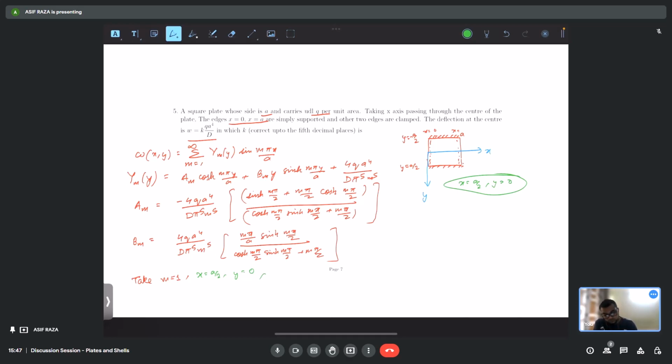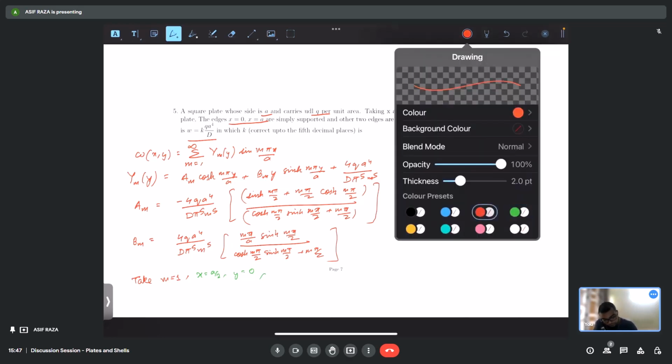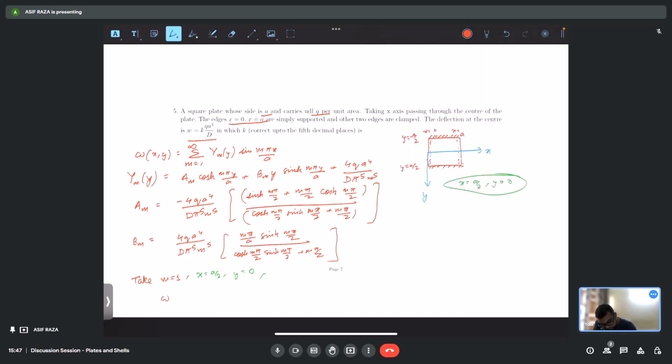We would be having w at (a by 2, 0), and only taking the first Y1. So this will be like Y1 of y times sin pi by 2, so equals Y1 of 0.